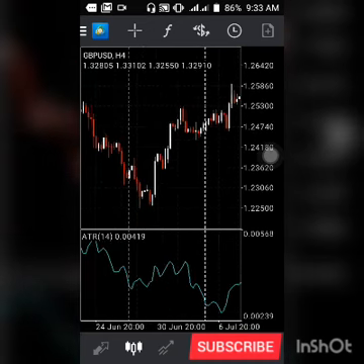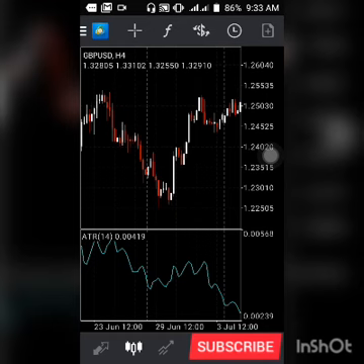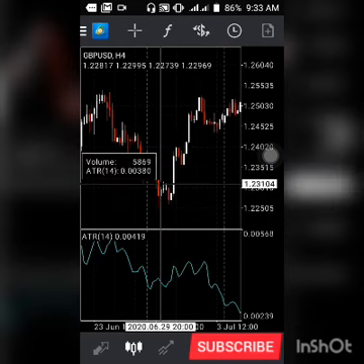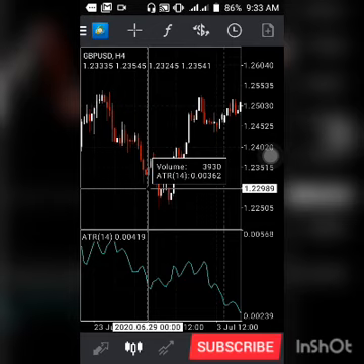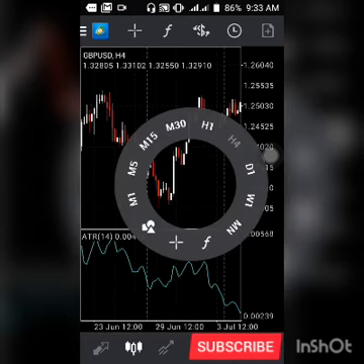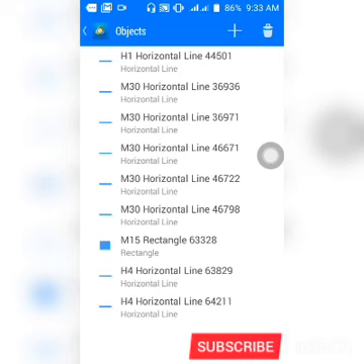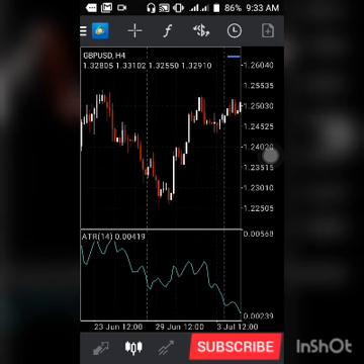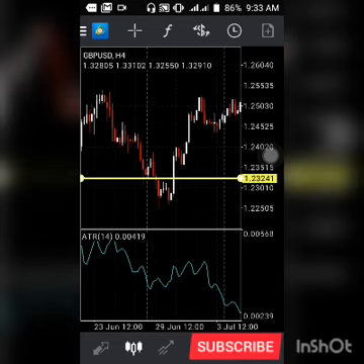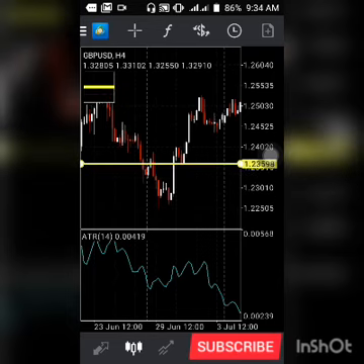So for this week, you can see the market opened on the 29th of June, right? So you place a horizontal line at the opening of the market, around here.